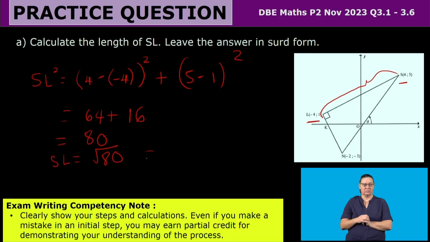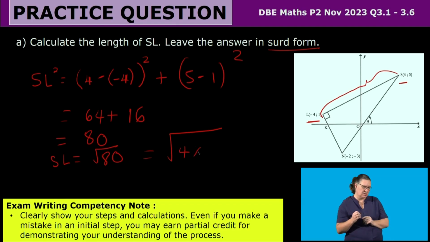Now they said leave your answer in surd form, which generally means you need to simplify a little bit further. So 80 is the same as what? The quickest way to do it would probably be 4 times 20, which will be 2 root 20.